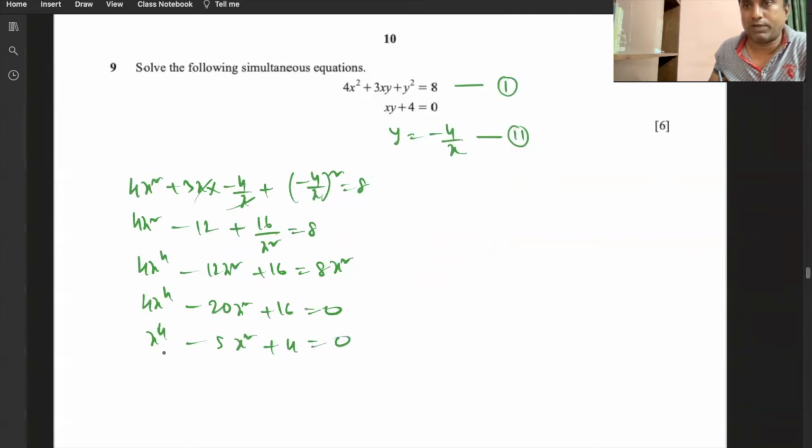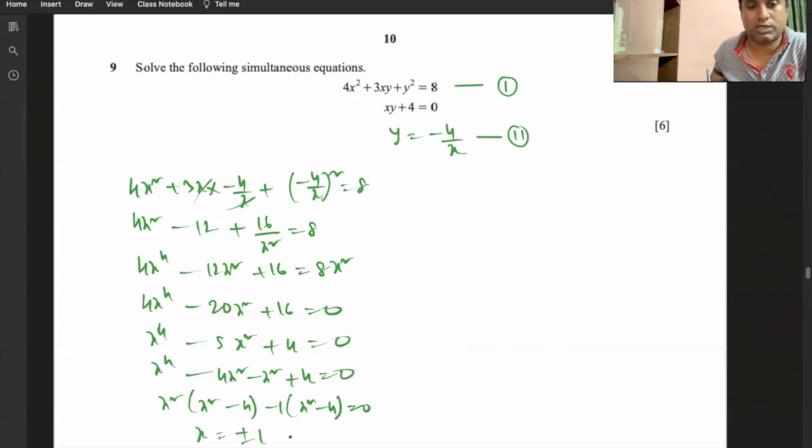So let me factorize this. Minus x square plus 4 equals 0. x square will be common: x square minus 4, minus 1 will be common, x square minus 4 equals 0. So x equals plus or minus 1 and x equals plus or minus 2.